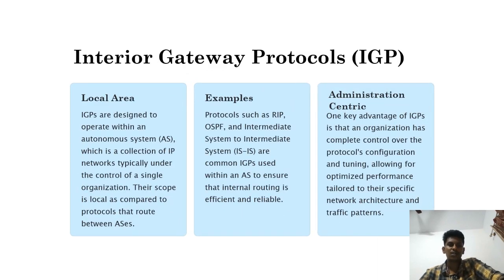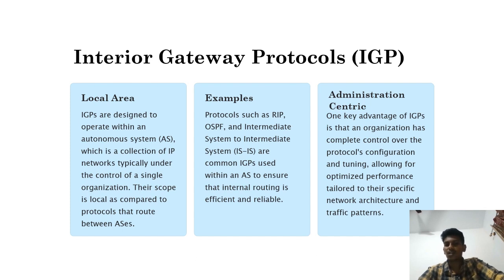Interior gateway protocols. Local area. IGPs are designed to operate within an autonomous system, which is a collection of IP networks typically under the control of a single organization. The scope is local as compared to protocols that route between ASes. Examples: protocols such as RIP, OSPF, and Intermediate System to Intermediate System are common IGPs used within an AS to ensure that internal routing is efficient and reliable.